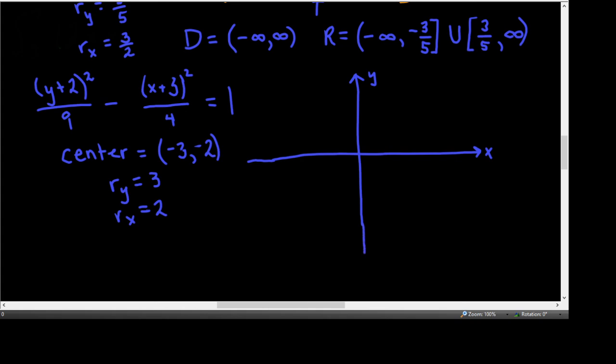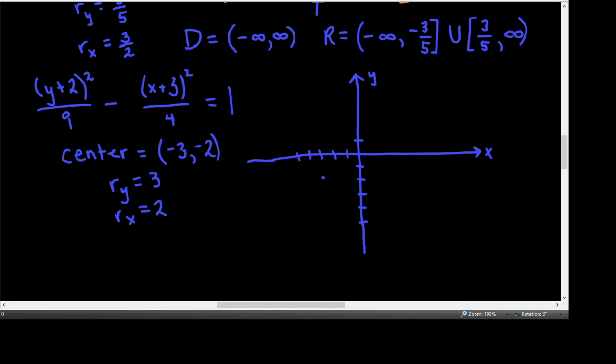All right, so our center is at -3, -2. My y radius is 3, so I need to be able to go from there up 1, 2, 3, and down 1, 2, 3. My x radius is 2, so I need to go from there right 2, which I've already got, that's fine, and left 2.